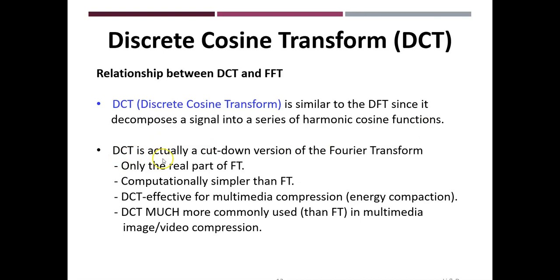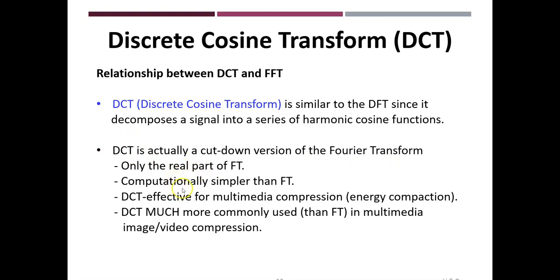But DCT is actually a cut down version of the Fourier transform. It only uses the real part of the Fourier transform. Which means when we calculate the Fourier transform, jadi senang, kita ada real plus imaginary kan. So for DCT, they only use the real part sahaja.